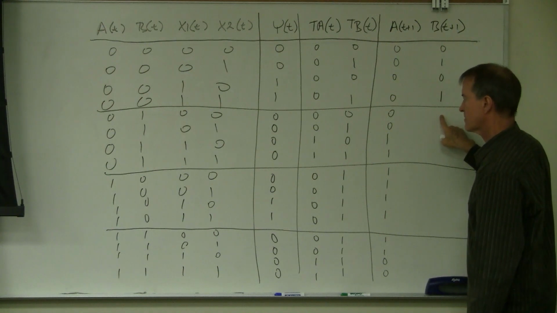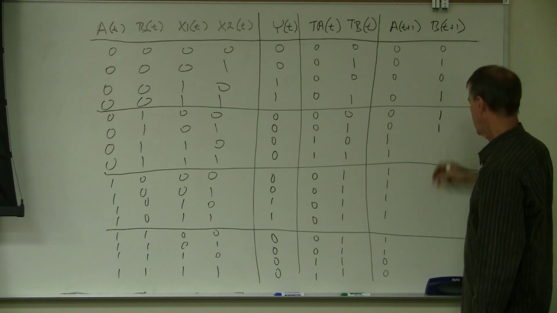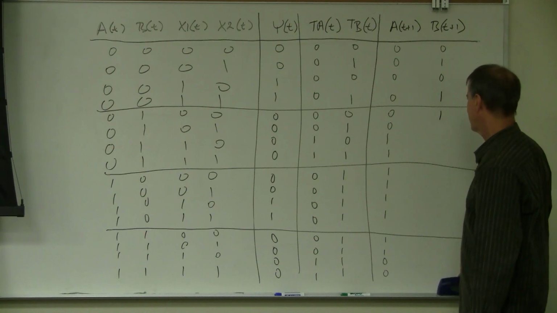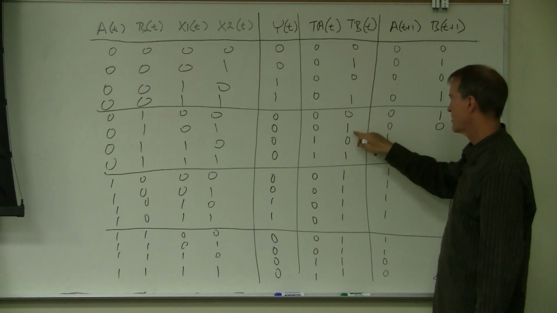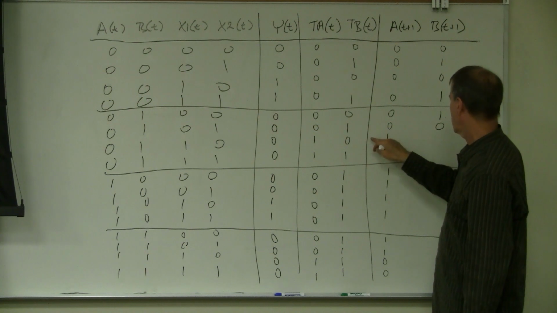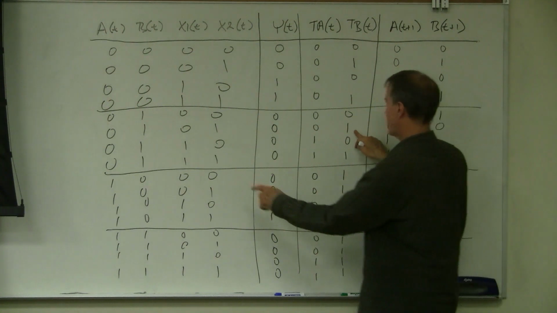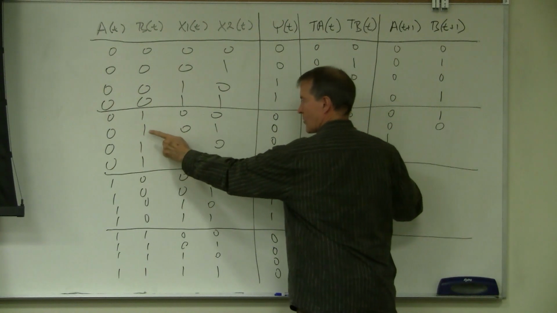Next. 1. 1. Okay, so now, are we good for this? Because what's it going to do? It's going to toggle. Which state? 1. So this is going to toggle this state.